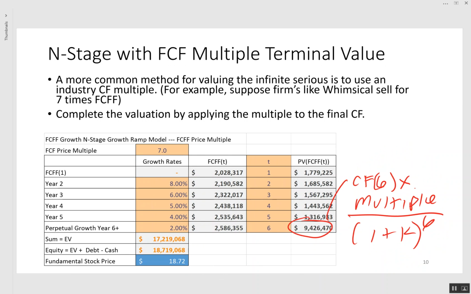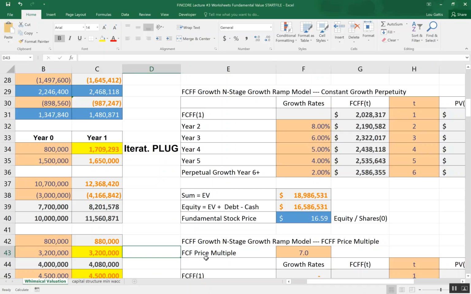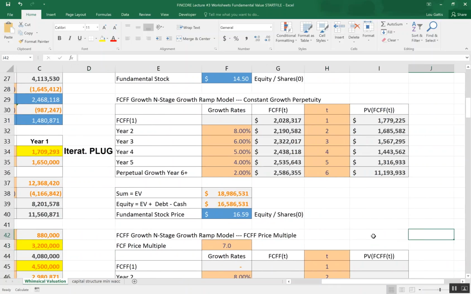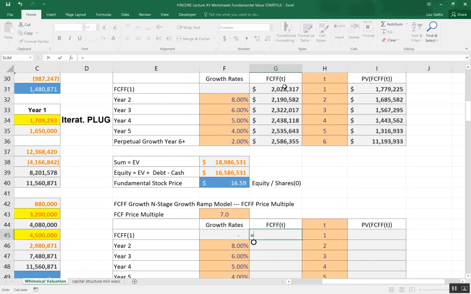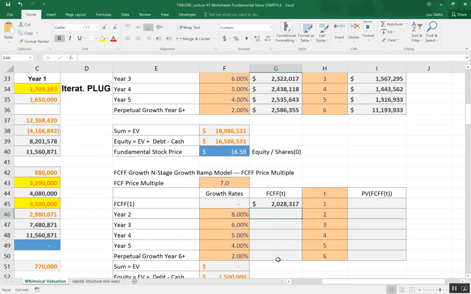Now I'm going to do one other valuation model that's very common. It's actually probably more common than how we finished off this valuation. So it's going to look a lot like the old model. Actually, let's make a link here. The free cash flow is going to start off at 2.028 million. I'm going to have that grow at 8% per year, then 6, 5, 4, 3, 2.